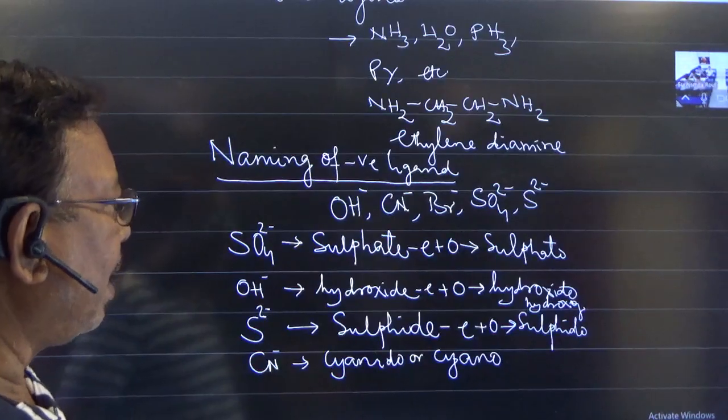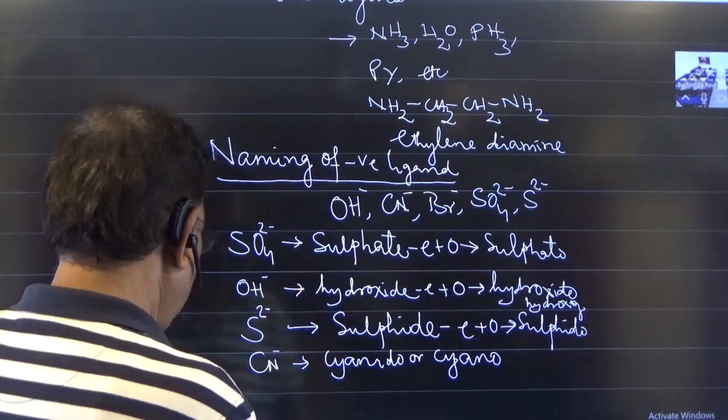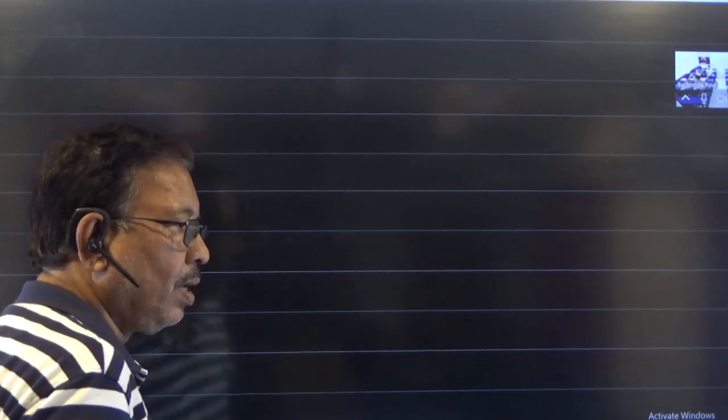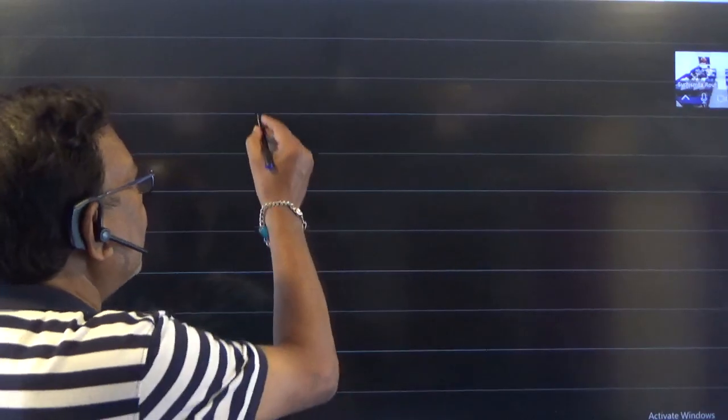Okay, naming of all the negative ligands is over. Now, positive ligand, how to name?